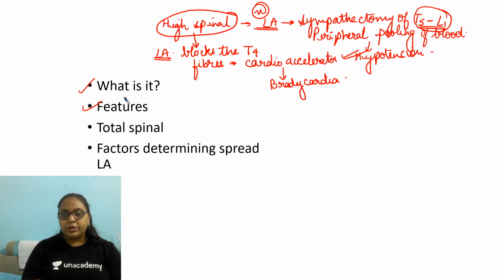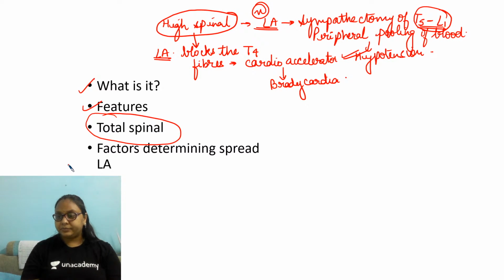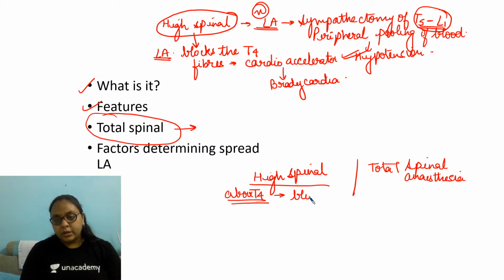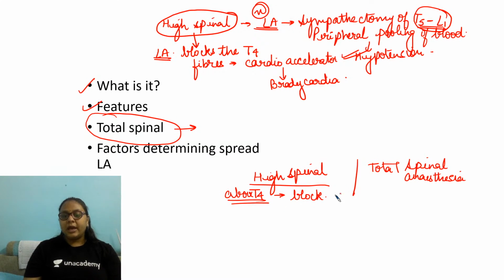So this is about the high spinal. Now, how is it different from total spinal? Remember, high spinal is different from total spinal anesthesia. ठीक है, हाई स्पाइनल में तो मैंने बता दिया कि अगर T4 से ऊपर, above T4 the fibers, there is block, and therefore we have these features.